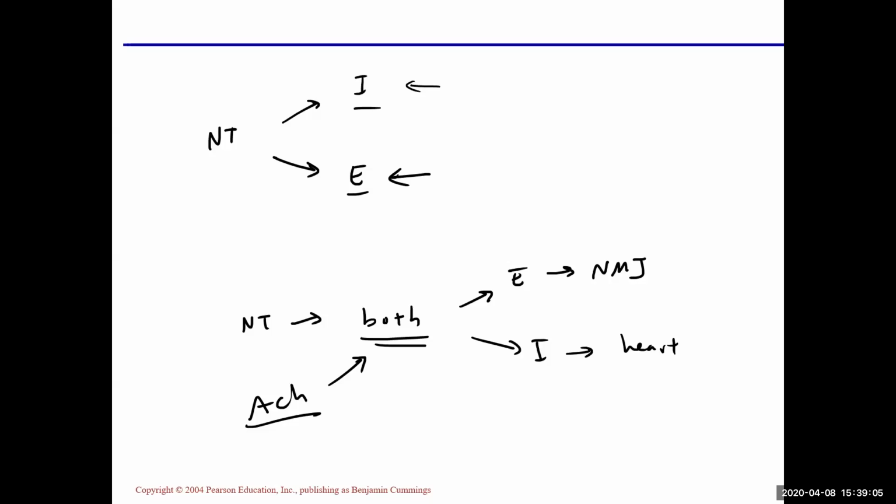Many neurotransmitters have been identified: serotonin, norepinephrine, epinephrine. There are so many different kinds and you could look those up.